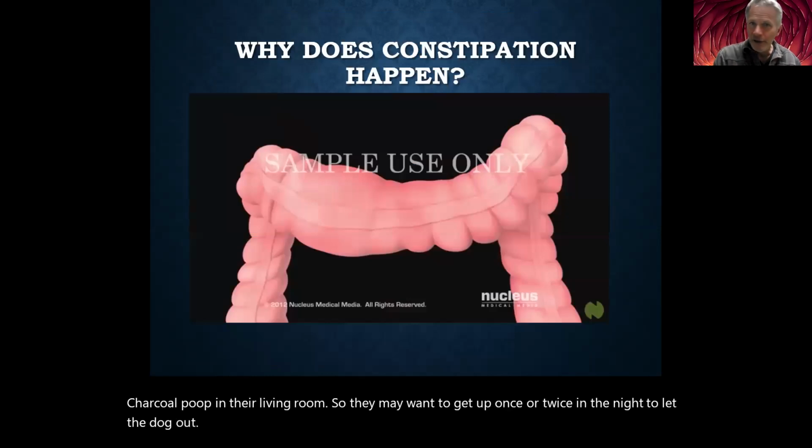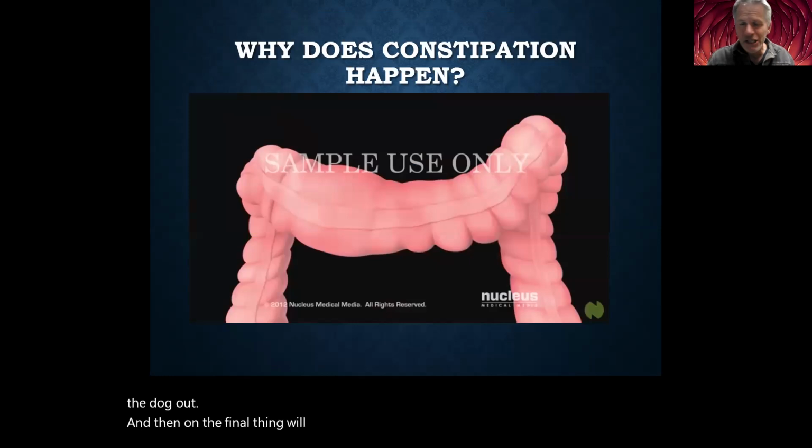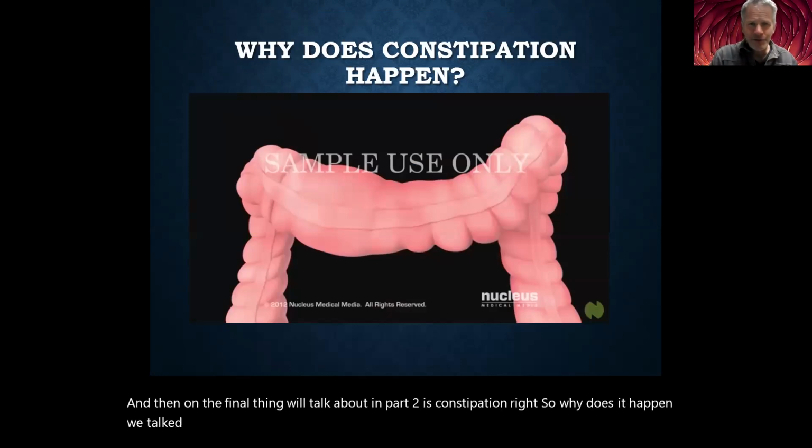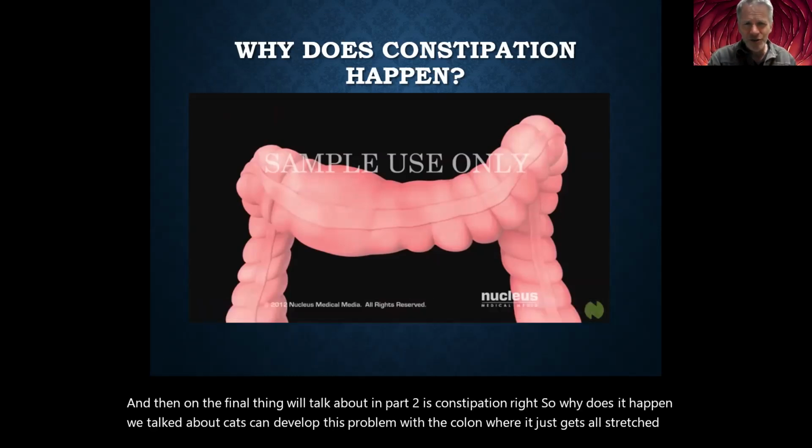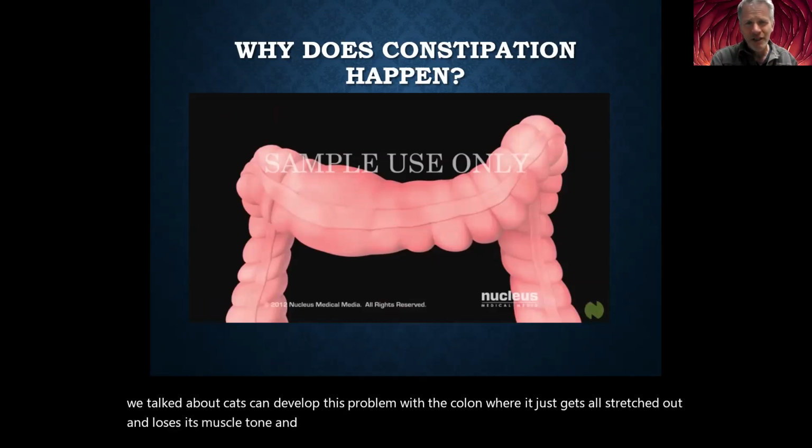And then the final thing we'll talk about in part 2 is constipation. So why does it happen? We talked about cats can develop this problem with the colon, where it just gets all stretched out and loses its muscle tone, and they'll just have this recurrent chronic constipation.